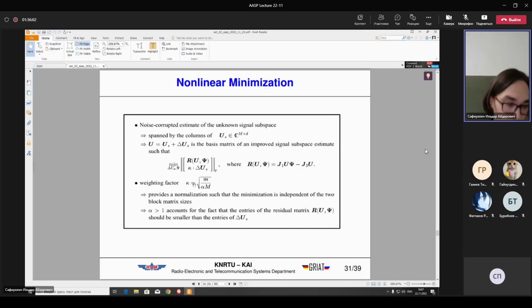This weight factor provides a normalization such that the minimization is independent of the two block matrix sizes.